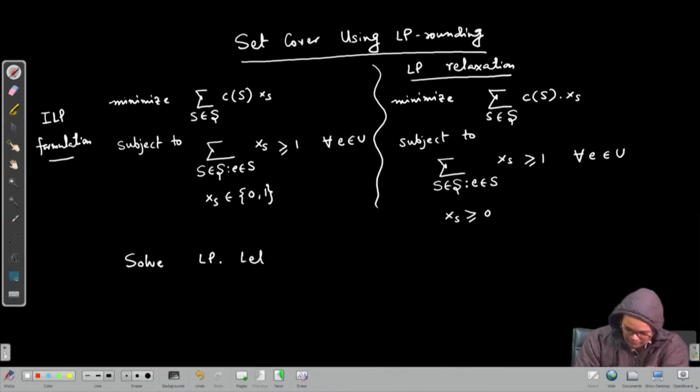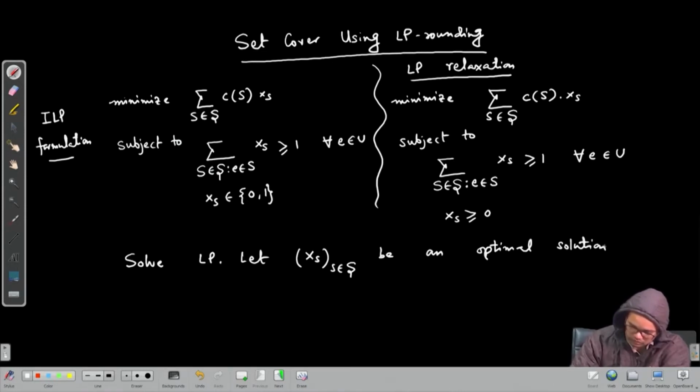Let X_S, S in script S, be an optimal solution to the LP relaxation.